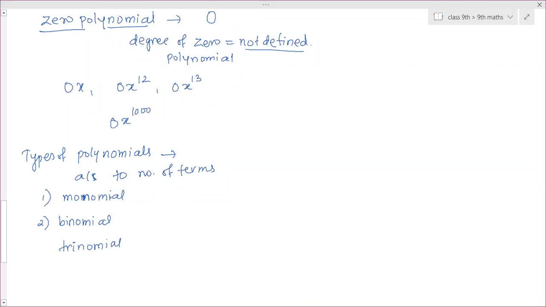Polynomial means more than one, poly. So binomial and trinomial will also fall under polynomial. Monomial means one term. It consists of only one term.